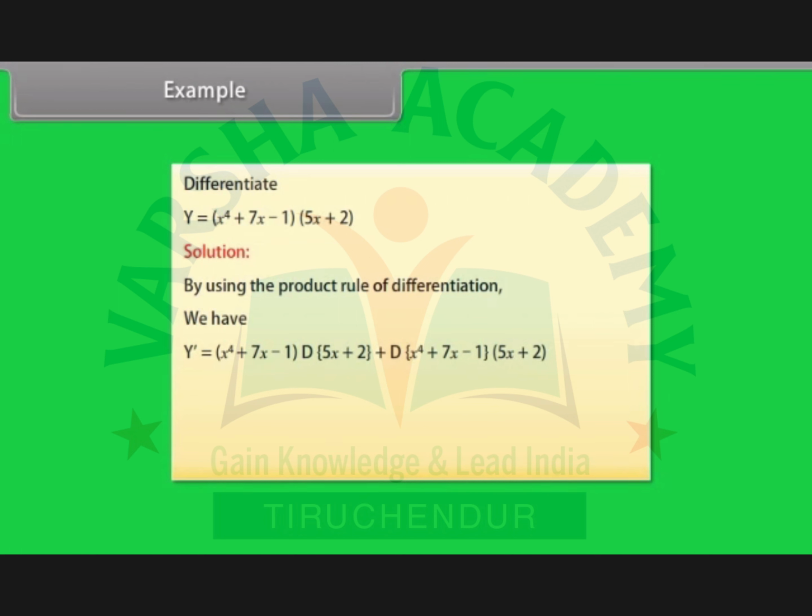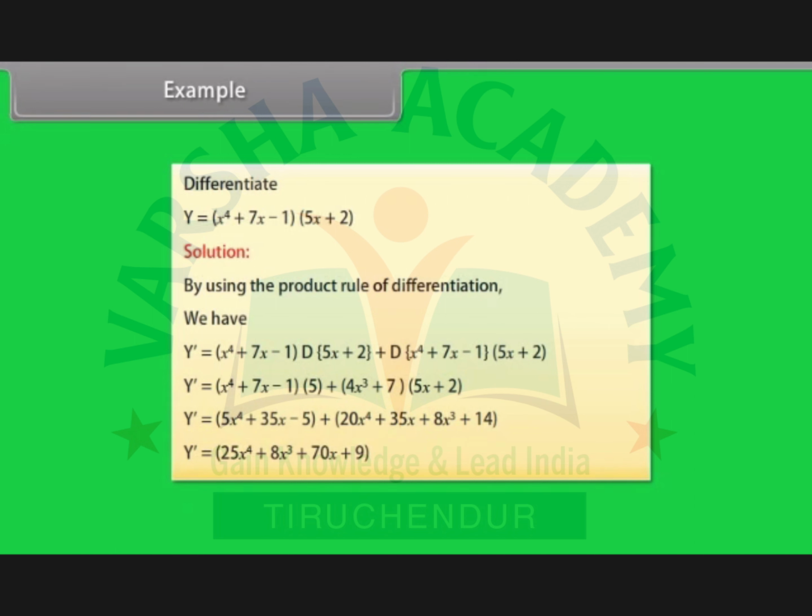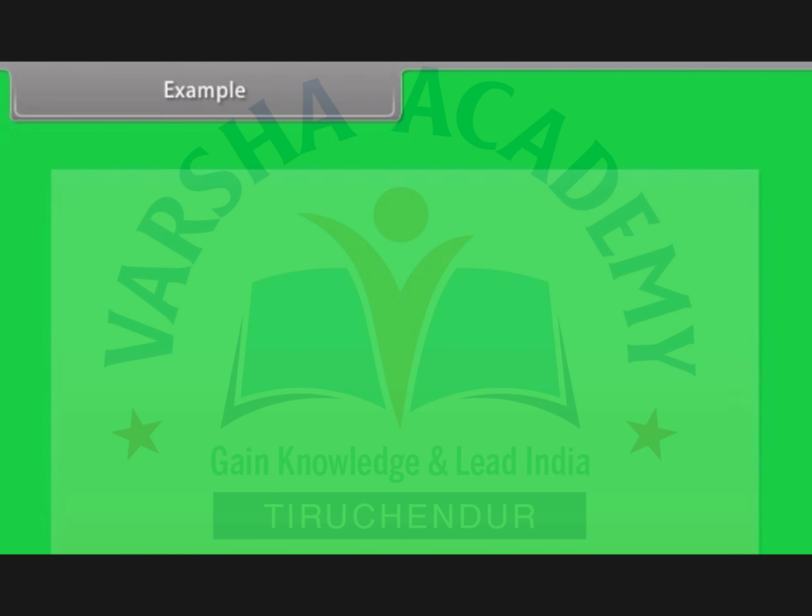By calculating it, we get y dash is equal to 25x raised to power 4 plus 8x raised to power 3 plus 70x plus 9.